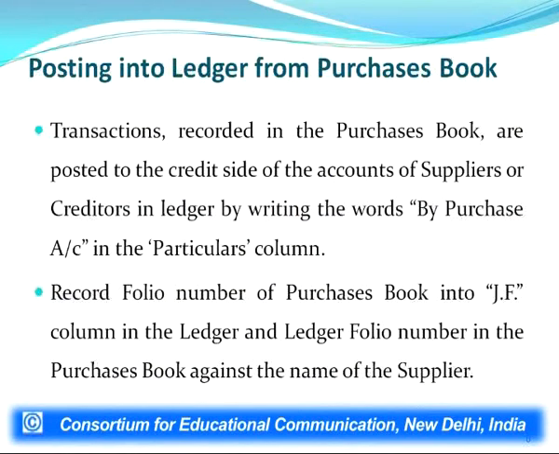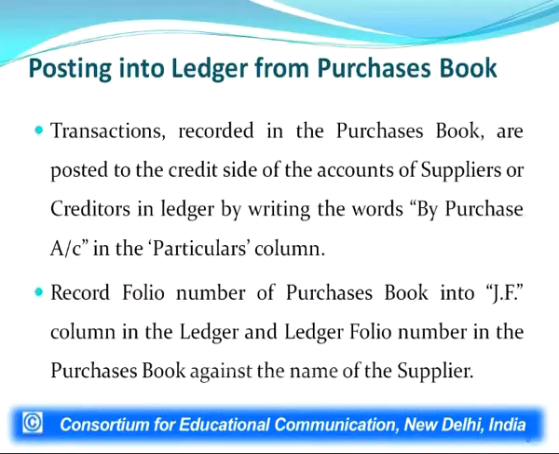Now, how to make posting into the ledger from the purchases book? The transactions recorded in the purchase book are to be posted on the credit side of the accounts of the suppliers or creditors, because suppliers are givers. So, whenever we are preparing their account, it is a personal account.